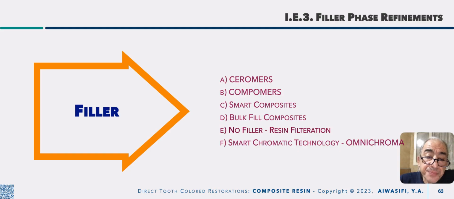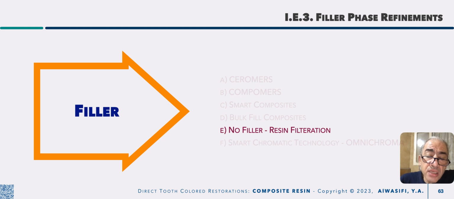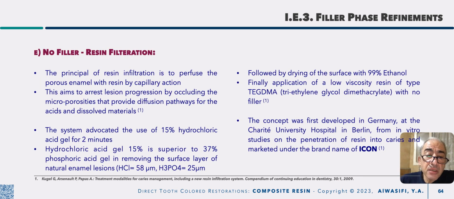Then comes resin infiltration, with composite resin with minimal or no filler. The principle of it is just to penetrate and impregnate inside any defect of enamel, to seal your enamel porosity that may be due to demineralization by acids from cariogenic microorganisms.